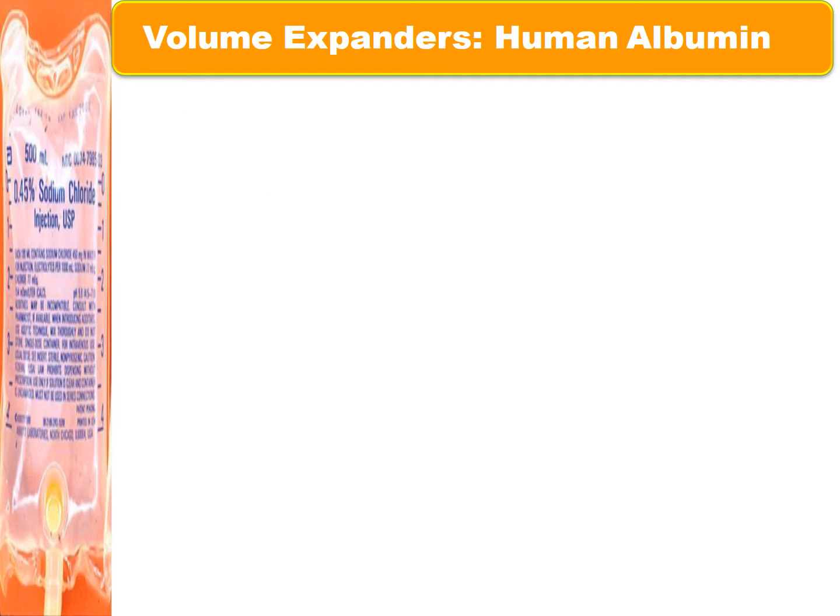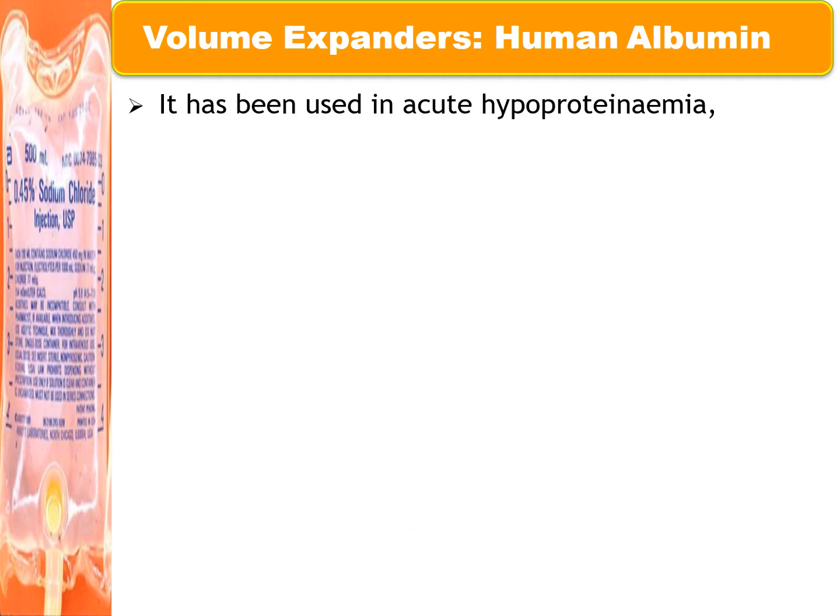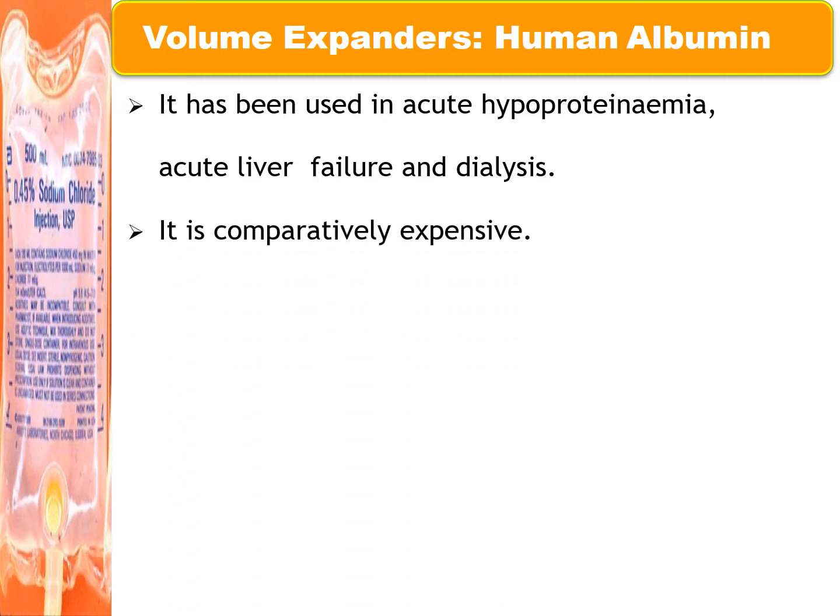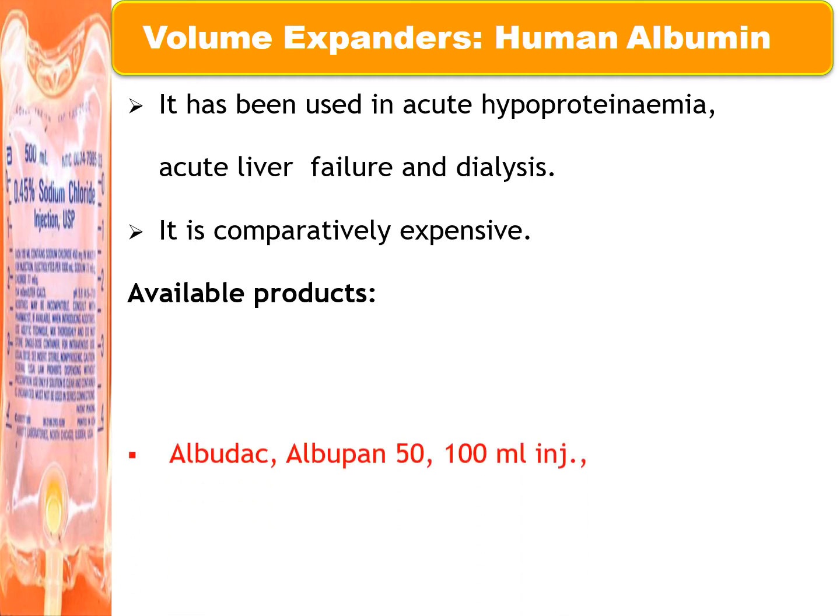Further, the human albumin has been used in acute hypoproteinemia, acute liver failure and dialysis. The human albumin is comparatively expensive. Here are some available products of the human albumin preparations.